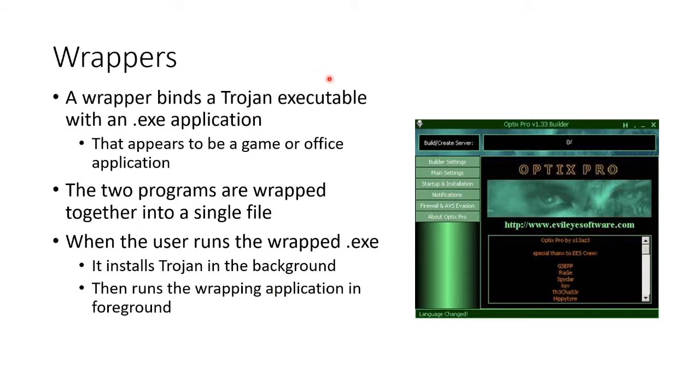So a wrapper or construction kit binds an executable to something else. Somebody could think they're opening a game or Microsoft Office, and the two are now one single file. When they open it, yes, it installs Office, or yes, it plays a game, but it also installs the Trojan in the background.